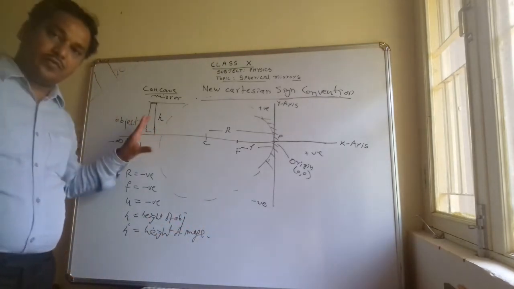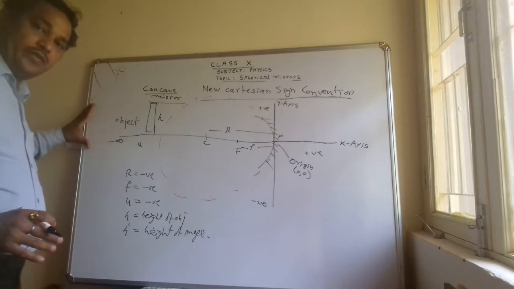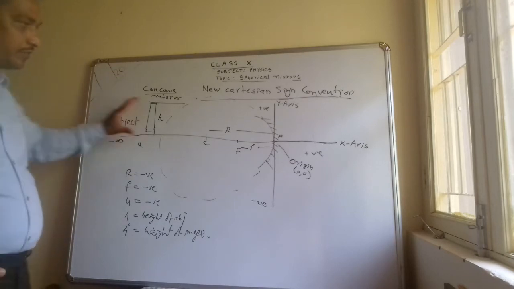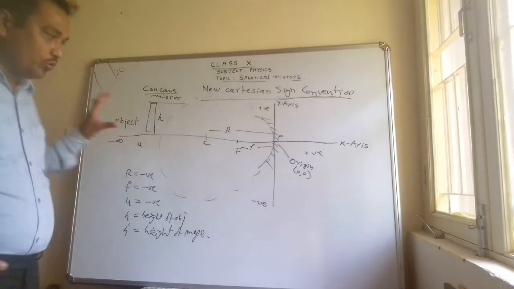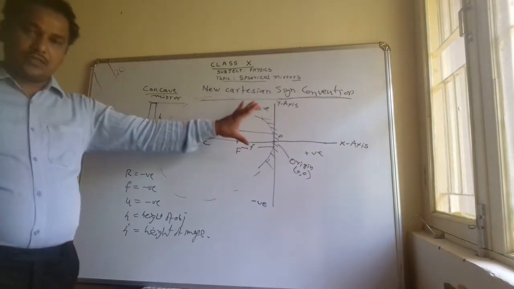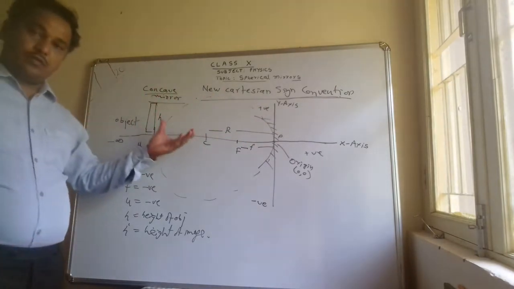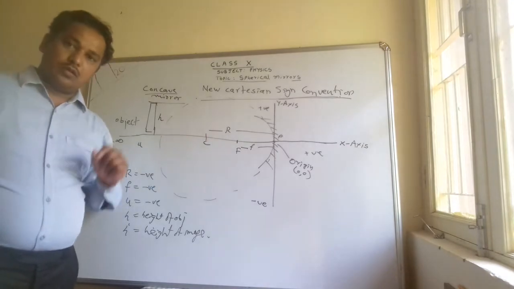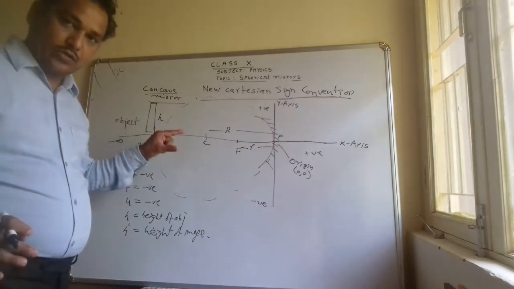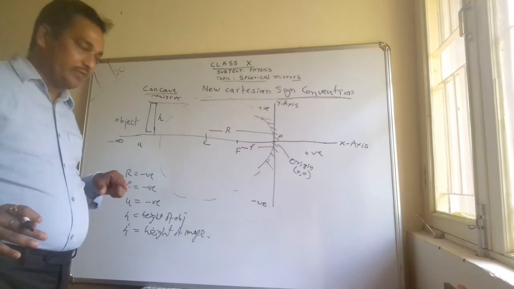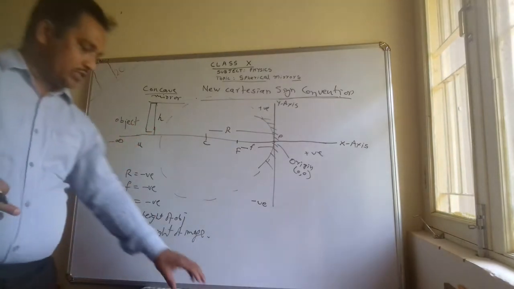So in every experiment we have to shift the object from negative infinity towards the pole, and at various stages we will find a diagram for the formation of the image by using the rules for the ray diagram. We will discuss it after this new Cartesian sign convention.